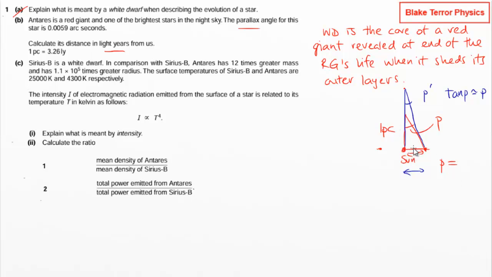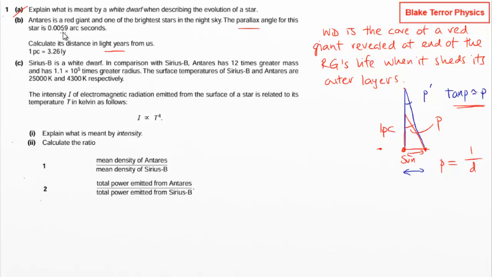That is our base divided by the 1 parsec. So we're saying that the angle is 1 over d for the distance. We're taking this small angle approximation and applying it to these nearly similar triangles. They're not similar triangles, but at least they've got one side in common.